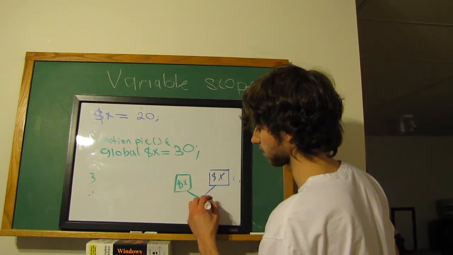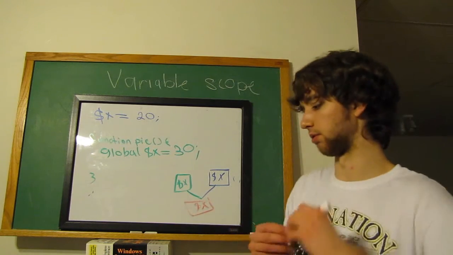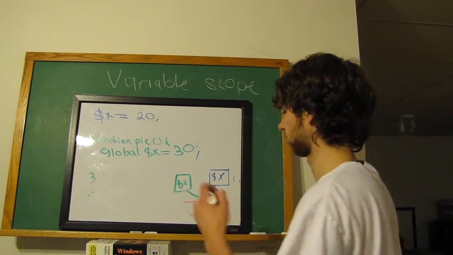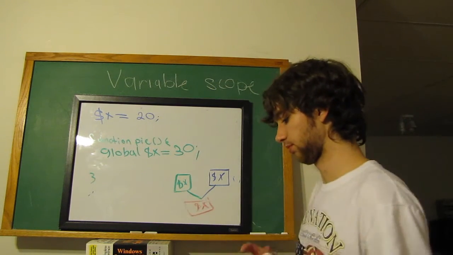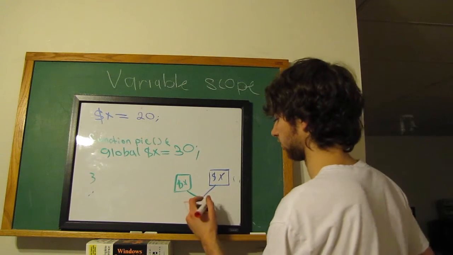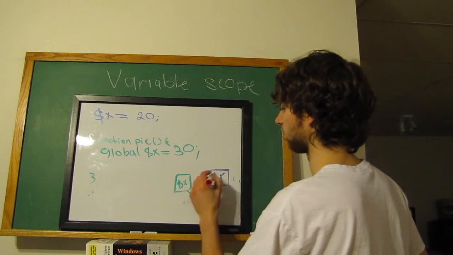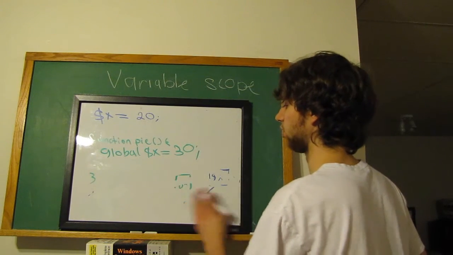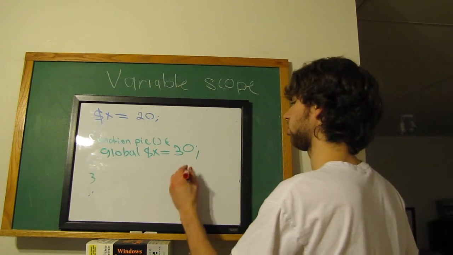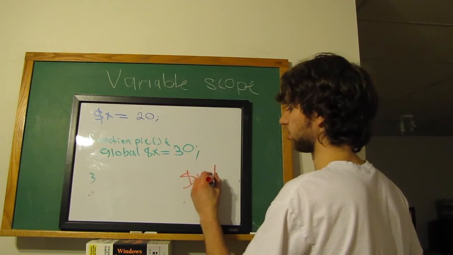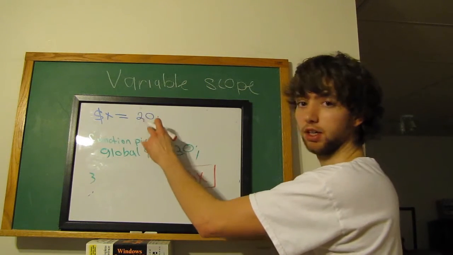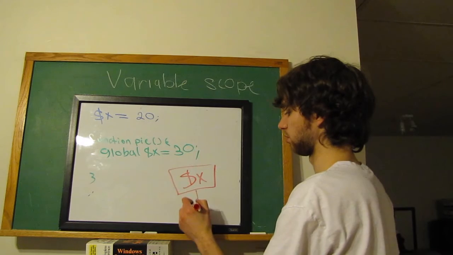And we get an overall variable x. Man, my reds are not working. There we go. So now both of these basically combine to create one global x, which will point to the most recent value. So if we define it here as 20, it's now going to point to 20.